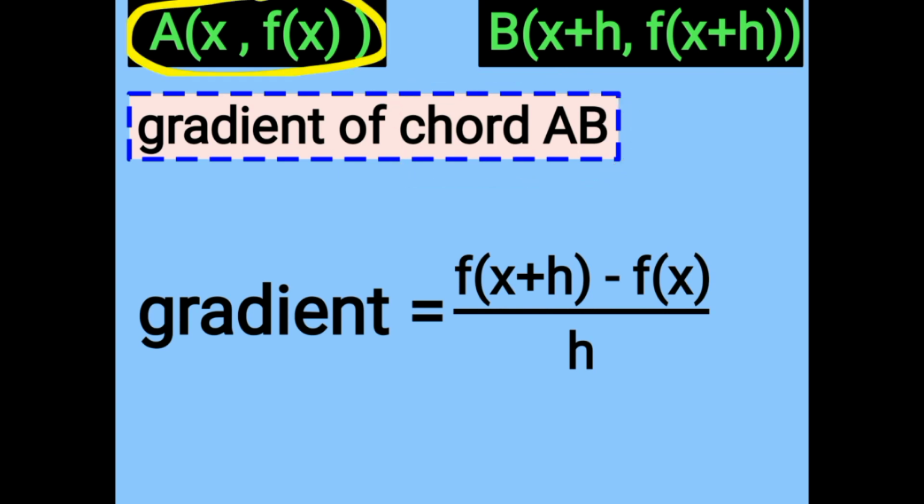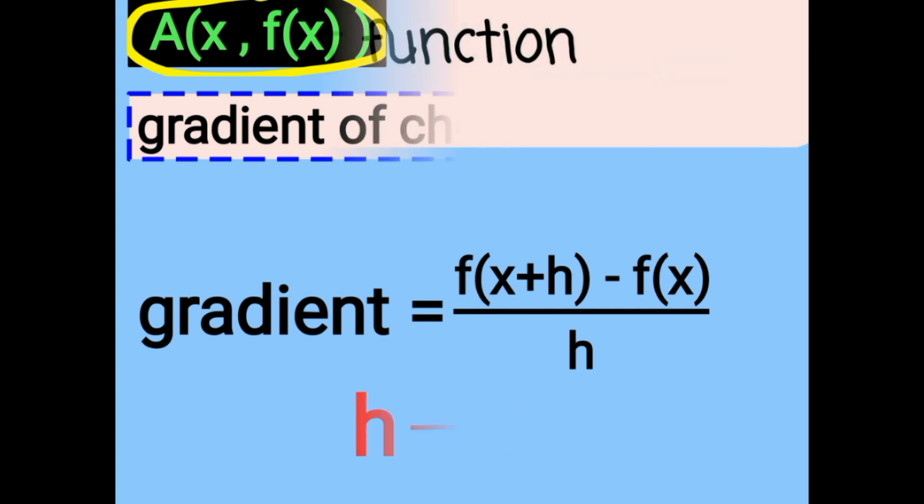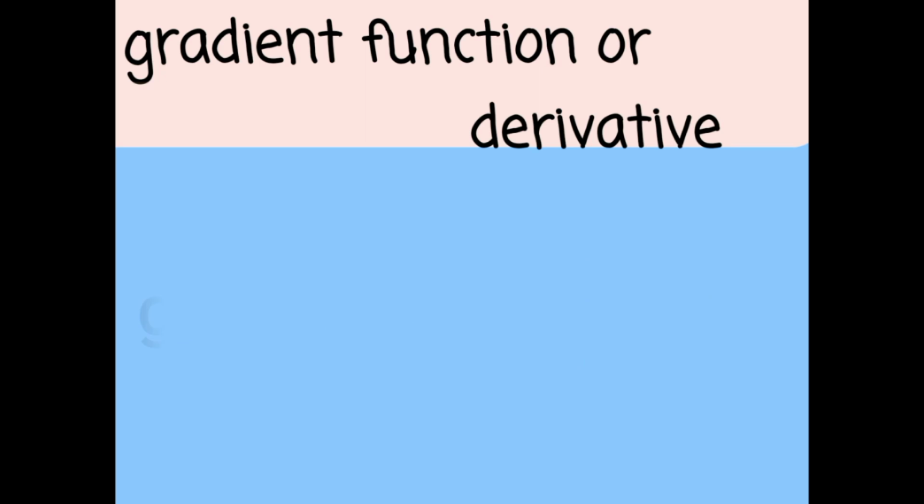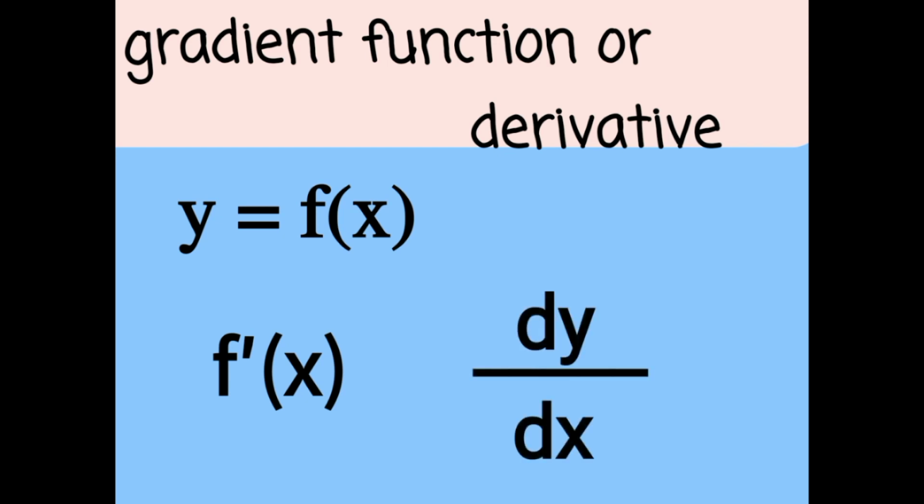This means that the gradient of the curve at A is the limit of this expression as the value of h tends to 0. We can use this to define the gradient function. The gradient function can be used to find the gradient of the curve for any value of x. The gradient function or derivative of the curve y equals f(x) is written as f dash x or dy over dx.